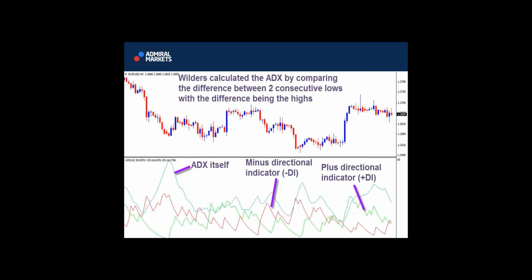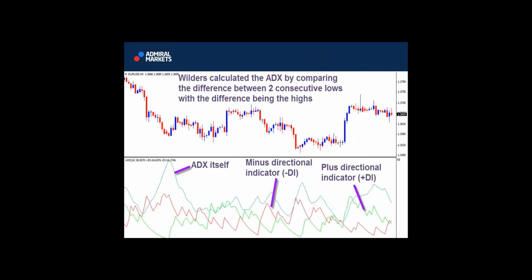The red line is what is called the minus directional indicator, and the green, the plus directional indicator, or plus DI and minus DI. Now we'll dive into what that exactly is in just a minute, but for the moment it's important to know what these blue, red, and green lines are, so that we have a first basic understanding of the tool.